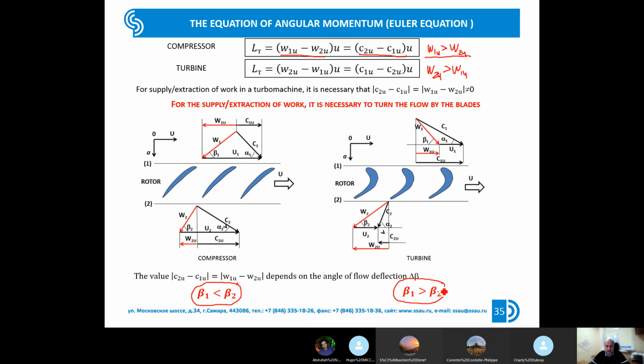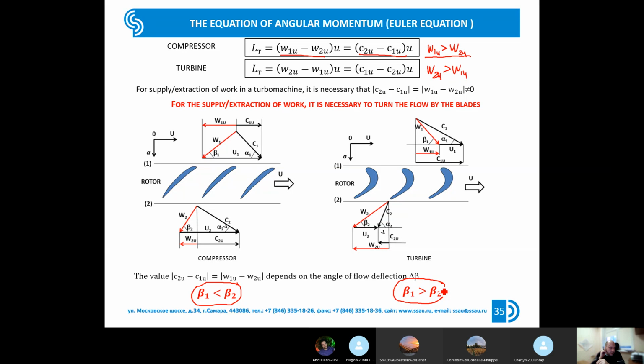So, okay. A short brief about this slide. On this slide, we discussed that if you want to provide energy exchange between the blades and the flow, you need to turn the flow. And the blades help us to turn the flow. We direct the flow to the direction which we need.